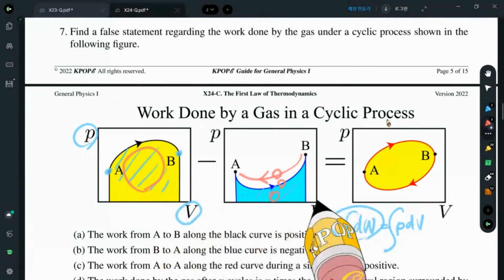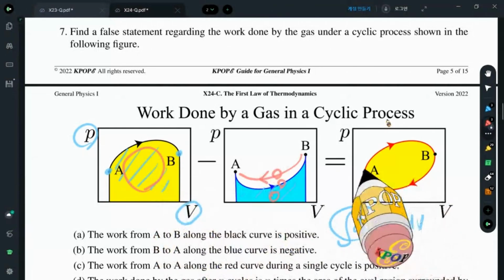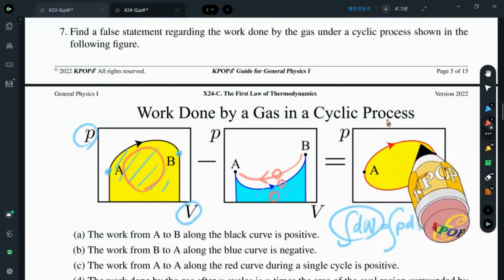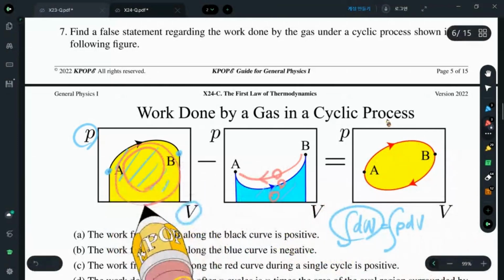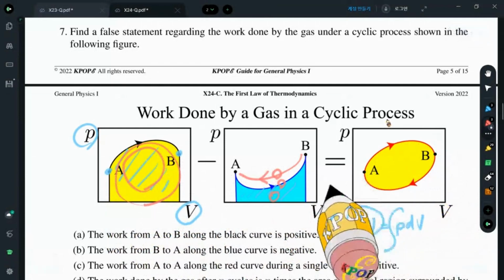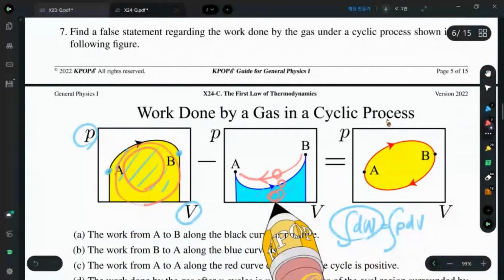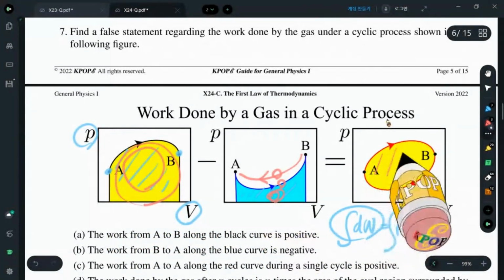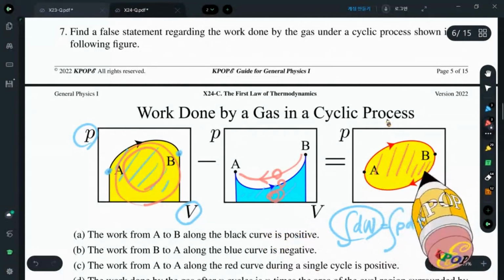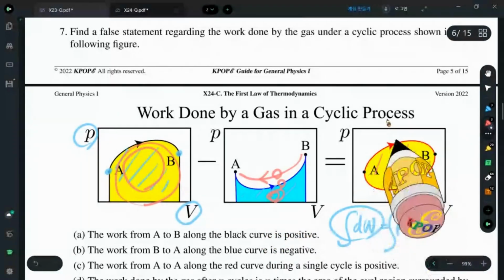As a result, this integral is positive by this amount, this is negative by this amount. If you subtract, you end up with the area of this overlap.